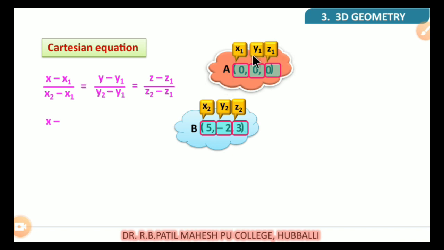So we can take them as x1, y1, z1 and x2, y2, z2. Therefore, x minus 0 divided by 5 minus 0, because the value of x2 is 5 and the value of x1 is 0. This is equal to y minus 0 divided by, y2 is minus 2, so minus 2 minus 0.